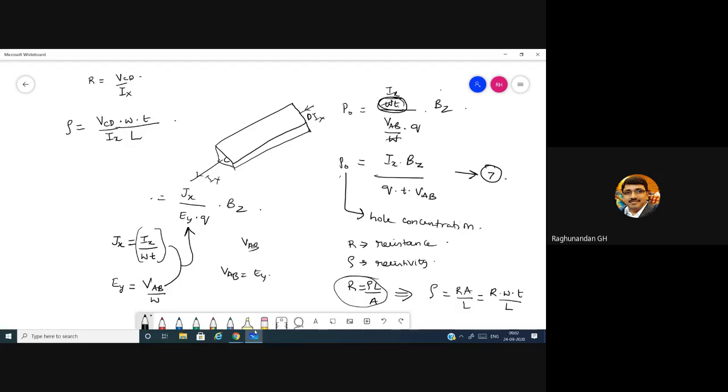Now, similar to the last derivation we have done, after the current density we had two more equations. What are those two equations?